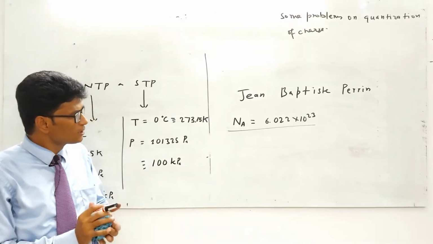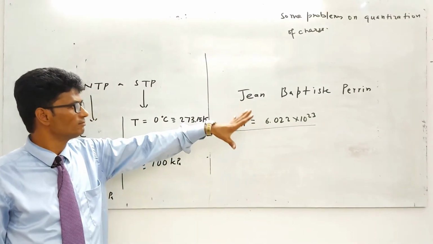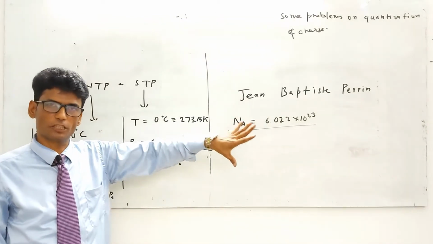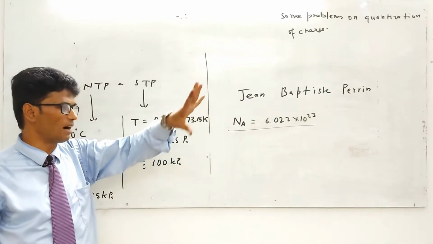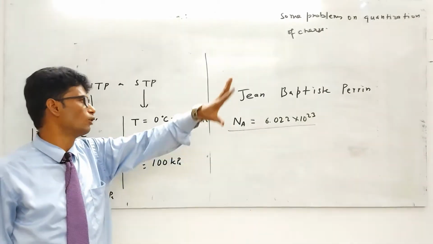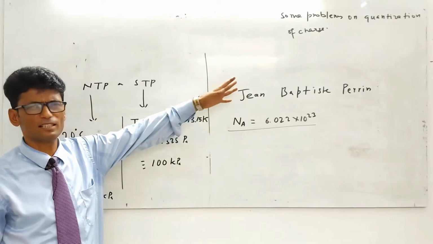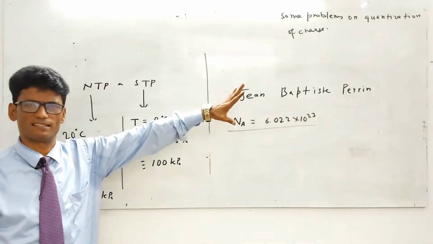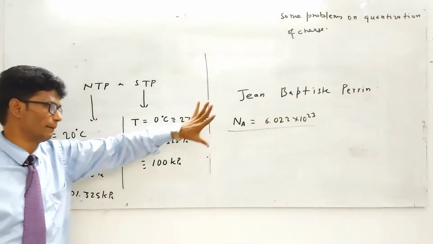On the basis of Brownian motion, Perrin studied the Brownian motion and, on the number of the particles, formulated the Avogadro number. For Brownian motion, there are a lot of things we will see in the kinetic theory of gases, but here we limit ourselves up to this stage.